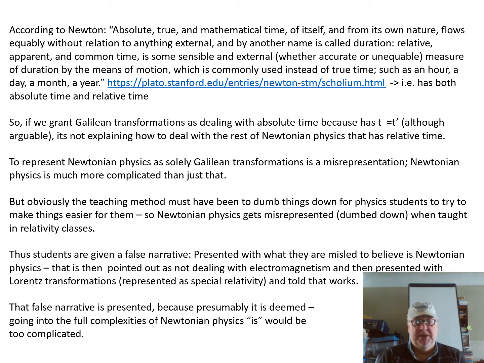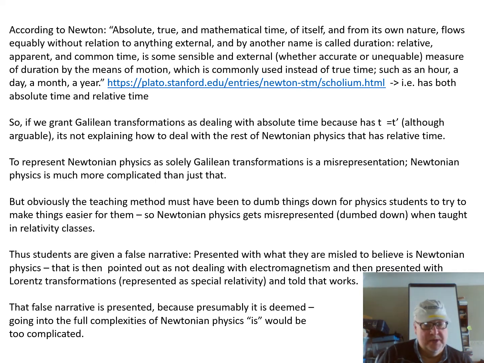But obviously the teaching method must have been dumbing things down for physics students to try to make things easier for them. So Newtonian physics gets misrepresented, dumbed down when taught in relativity classes. Thus students are given a false narrative presented with what they are misled to believe is Newtonian physics.